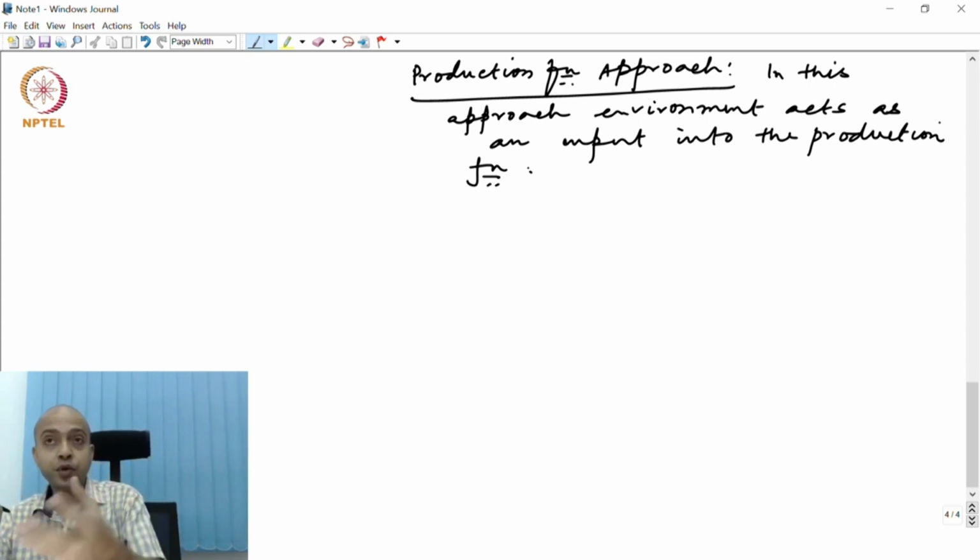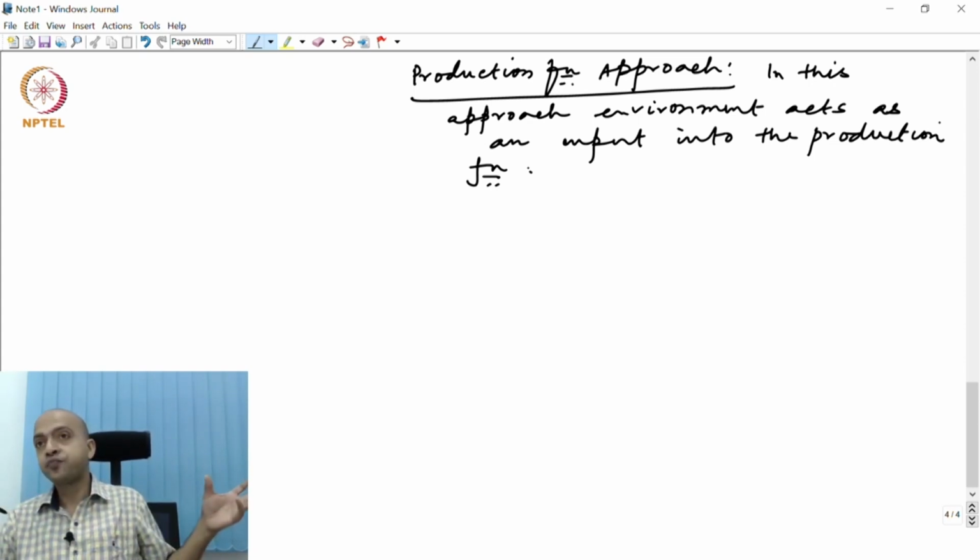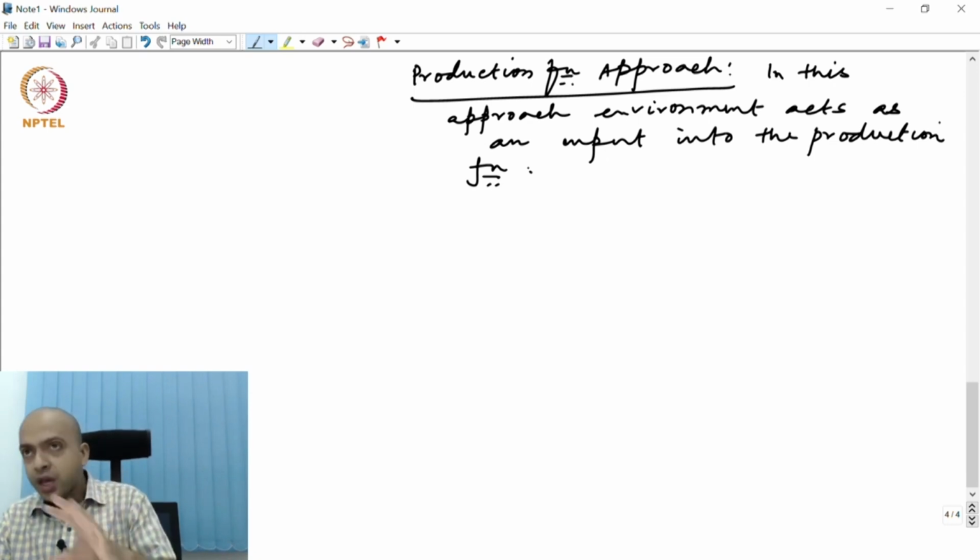It may so happen that the production function approach captures only a fraction of the total economic value, while the stated preference approach captures the entire total economic value.